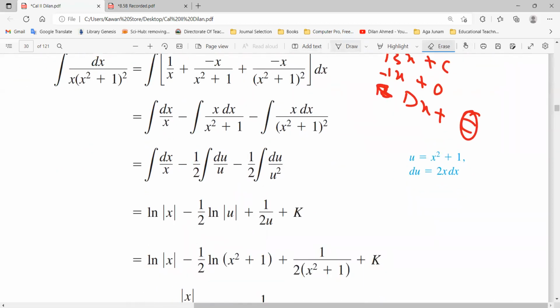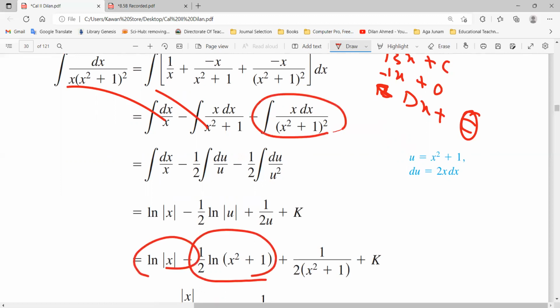Now it's time to think about how to solve that one. It's ln, you can see that one is ln, and that one's derivative exists, so we have again ln, and that one is what? Box d box, bring it to up, and we will need 2, and that one will be minus, so that's why we get minus will be plus, and we'll get 1 over 2 x squared plus 1.